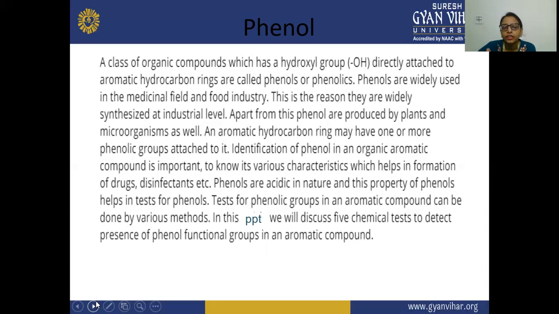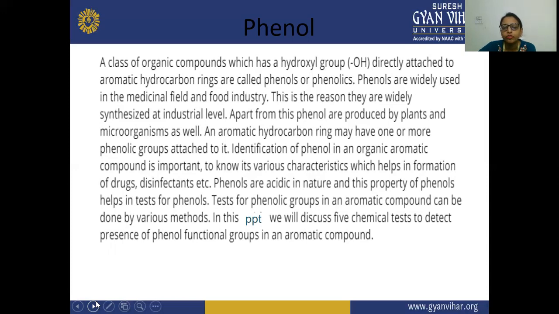At the first position of the carbon on this aromatic ring, the OH group is attached. Then it can be on the ortho position, the meta position, or the para position. So the aromatic hydrocarbon ring may have one or more phenolic groups attached to it.